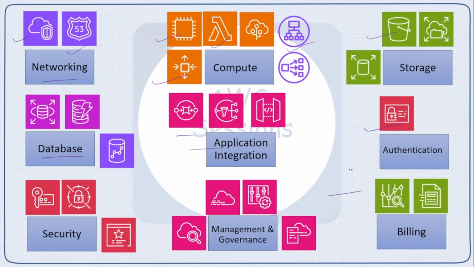So we'll cover all these services one by one, and as we go forward we'll be creating an architecture where we will be placing these services. We'll make these services talk to each other and demonstrate how in an architecture these services talk to each other and their placement as well.